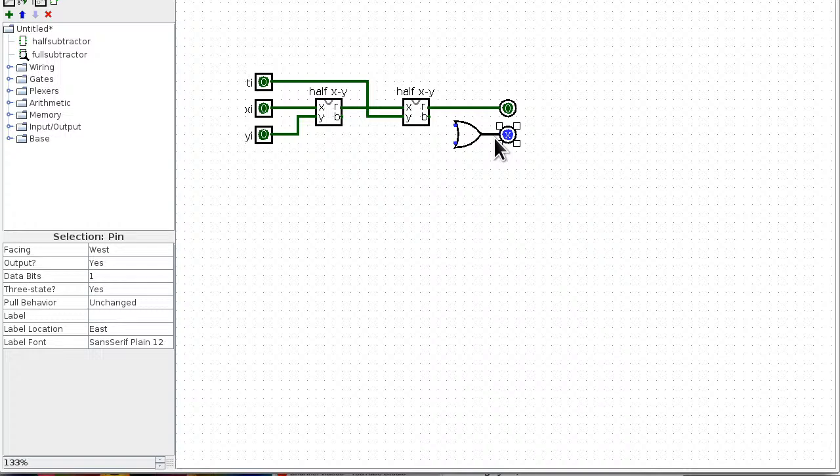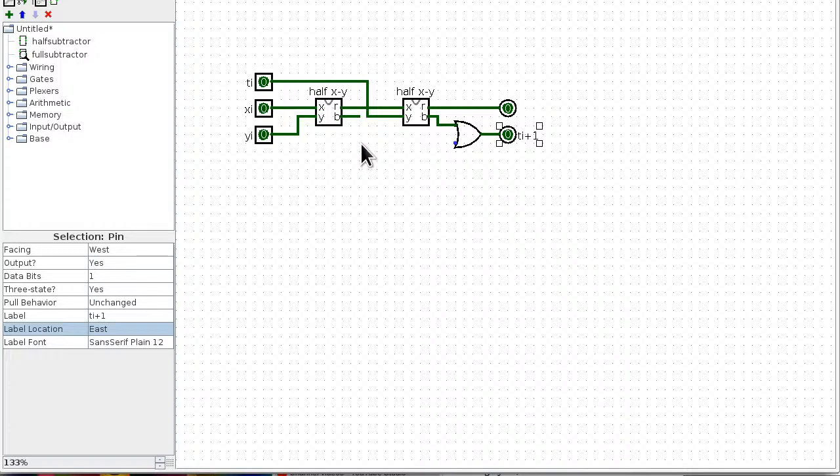So there we go, we hook it up, and this new pin is going to be our Ti plus 1 pin, which is to the next digit, and all we need to do is to do an OR between the 2 B bits.